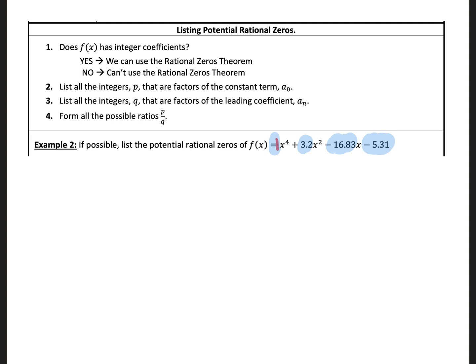Again, in order to be able to use our rational zeros theorem, we have to have coefficients that are integers. All of these, except for one, are decimals. So these 3 here, they're not integers.